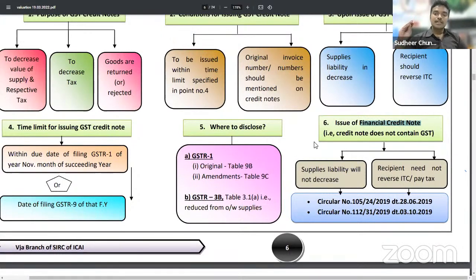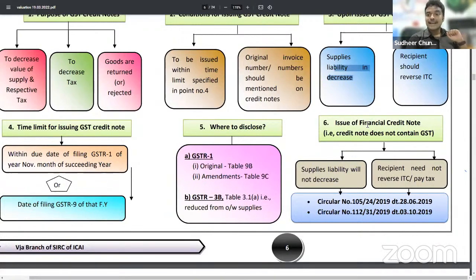If a GST credit note is issued, the supplier's liability will decrease. But if the supplier issues a financial credit note, he cannot work out how much GST to reduce. Simply, for the entire year he wants to give 5 lakhs discount. Then what does he need to do? For 5 lakhs he needs to issue a credit note, but he didn't issue a GST credit note.